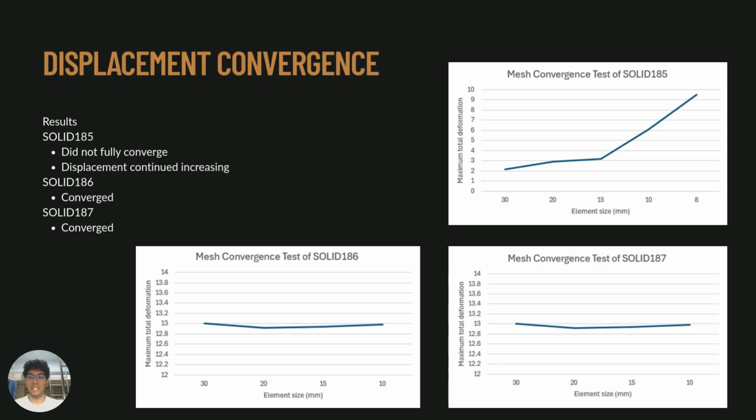This demonstrates that the higher-order elements provide greater numerical stability and require less refinement to achieve convergence. The key finding here is that SOLID186 and SOLID187 converge, while SOLID185 remains mesh-sensitive.